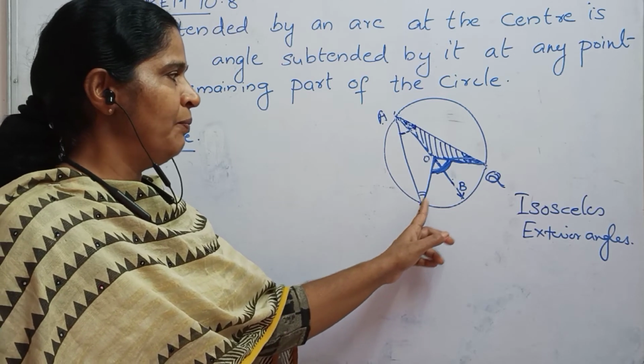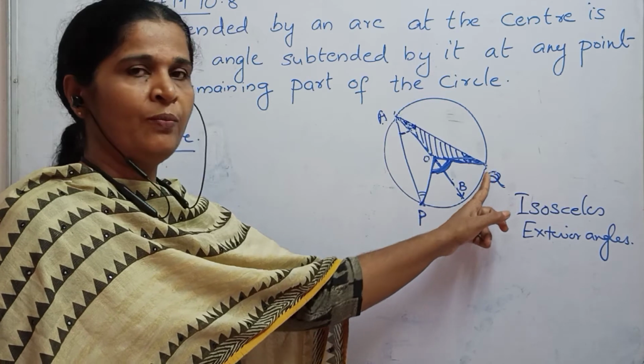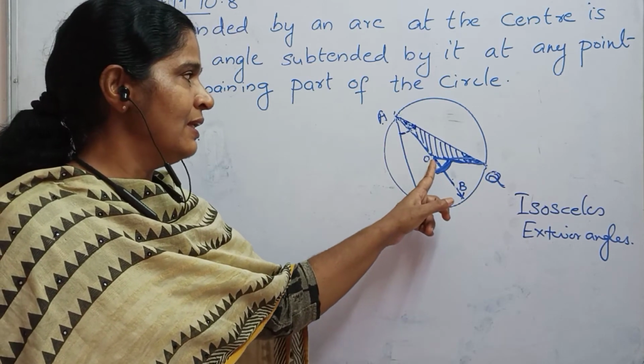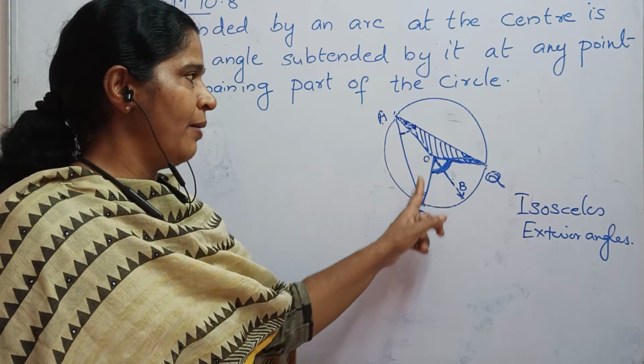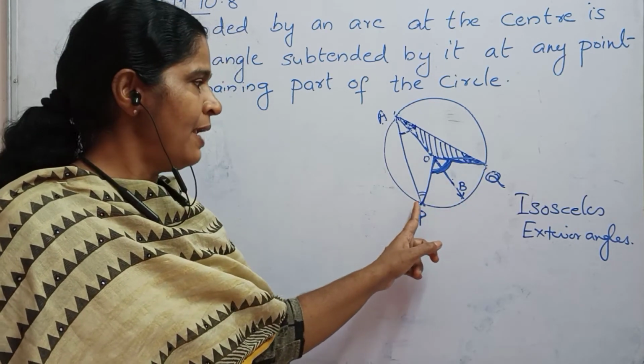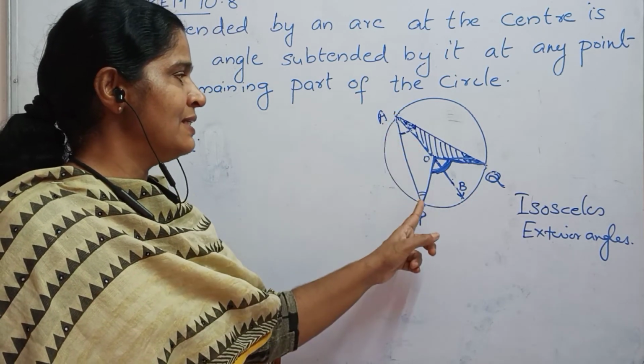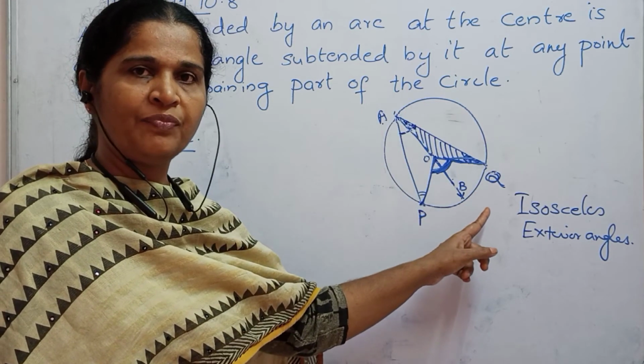If I consider P and Q as 2 points on the circle making an arc PQ, it subtends an angle at O. POQ is the angle subtended at the center of the circle. The same arc PQ is subtending an angle at A, on the remaining part of the circle.